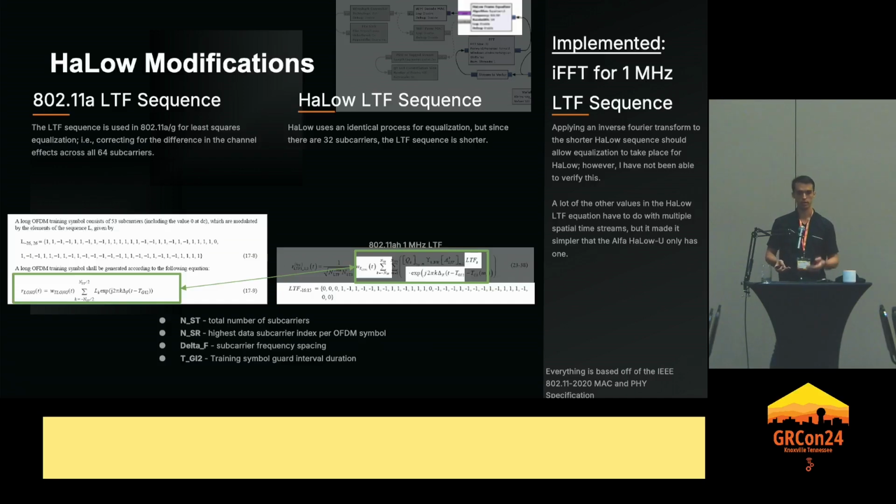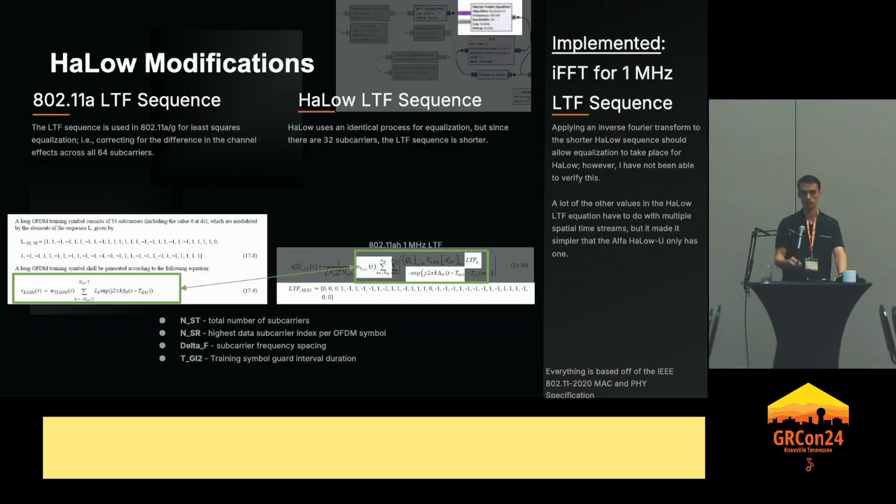So just as the 802.11 spec showed, I applied an inverse Fourier transform on the Halo packet in order to get the proper input into the equalizer. But again, I was using BPSK, so the equalizer shouldn't have a significant effect here. I will say that this will probably have a better effect when the rate control brings higher order modulation schemes into the picture.